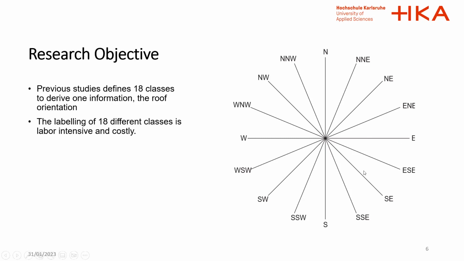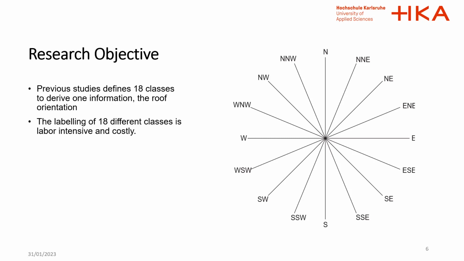For that we have to have different classes, because we are using a deep learning method. We have to label each of the images, each of the roof segments, into a different orientation, and it is so cumbersome.